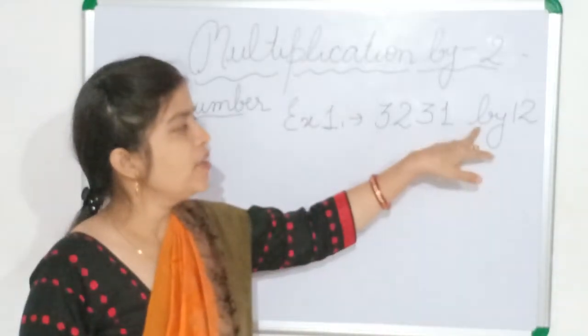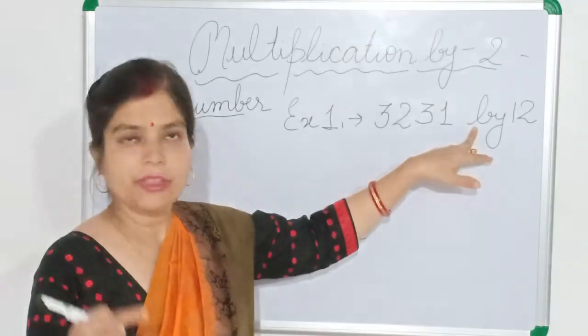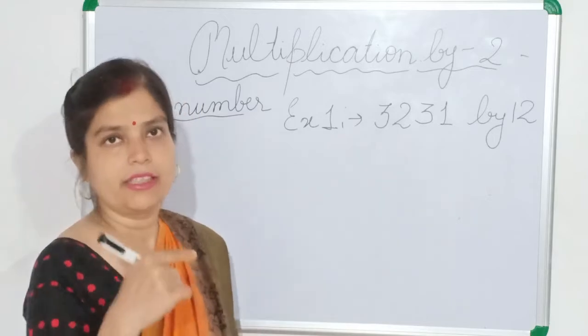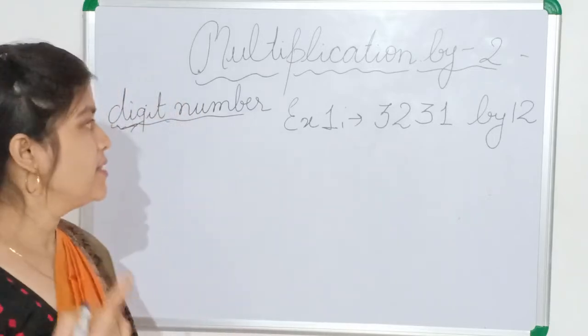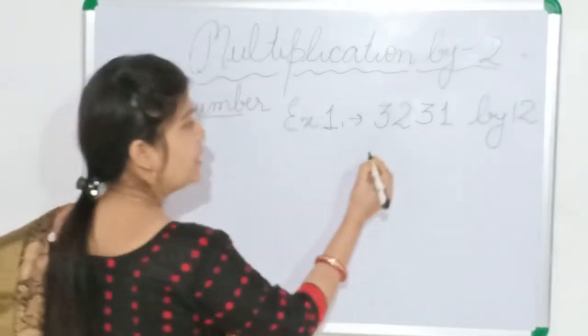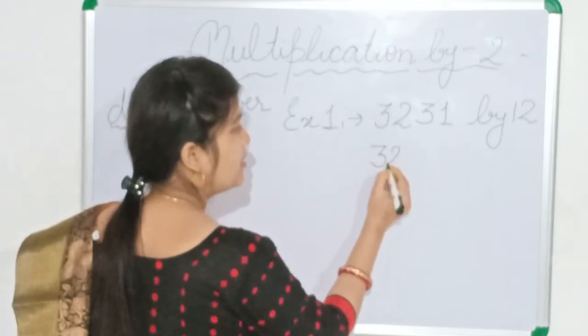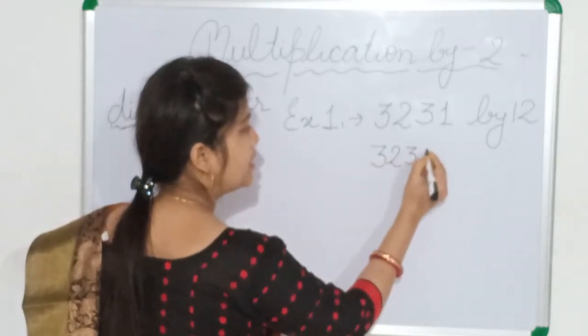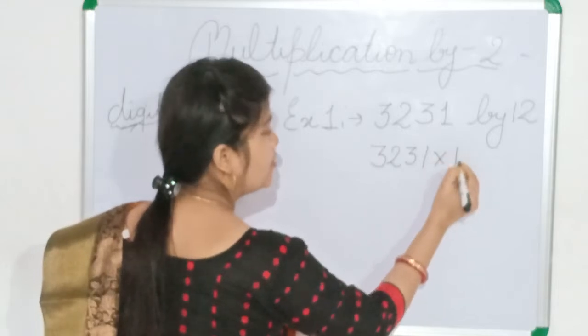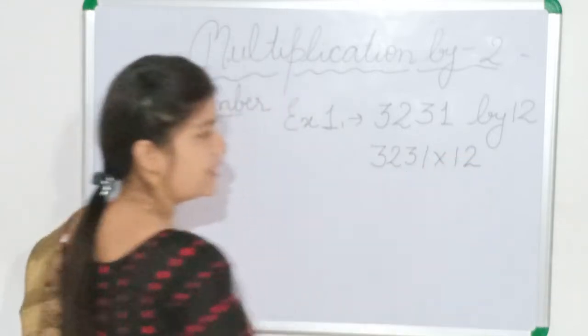Instead of "by" we can put the cross sign, that is a multiplication sign. So instead of that we can write like this also, 3231 into 12. We have to find this, okay?